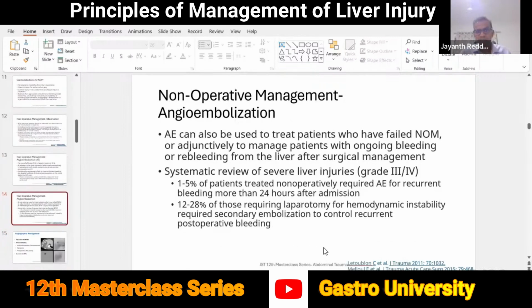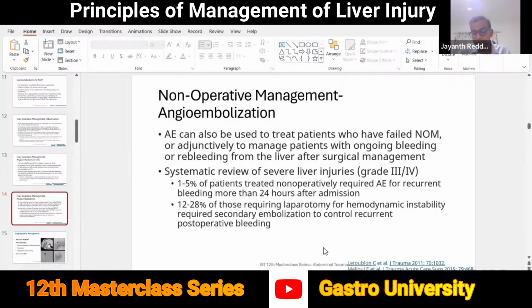following the embolization. And angiography and embolization also should be used in patients who have initially failed non-operative management. That is either following rebleeding after surgical management or ongoing bleeding patients, provided they are hemodynamically stable. A systematic review of use of angiography and embolization in patients with severe injuries showed that 1 to 5% of patients treated non-operatively required angiography and embolization for bleeding more than 24 hours after admission.